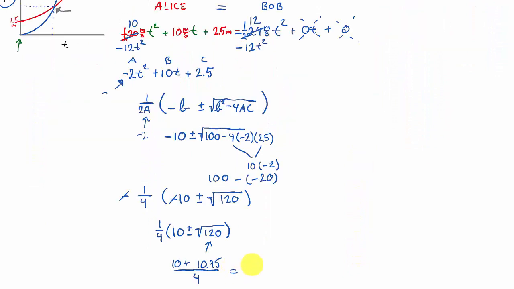Solving it, we get 20.95 divided by 4. Well, 20 divided by 4 is 5.24 seconds. So now we know that this point in time is 5.24 seconds.